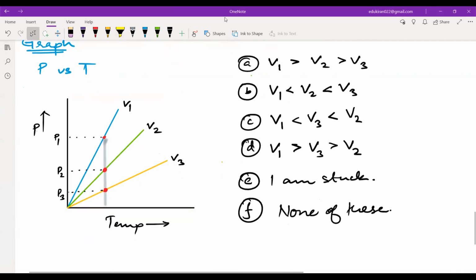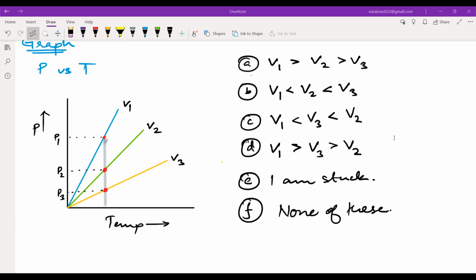Now can you give me an answer? All of you have not given me the answer. I mean, I have literally given you the answer. I've just not stated which of these options it is, but I've told you the answer now. I think you can give the answer now, Abdul Wahid. Yes or no? If P1 has the highest pressure, what will be the V1?